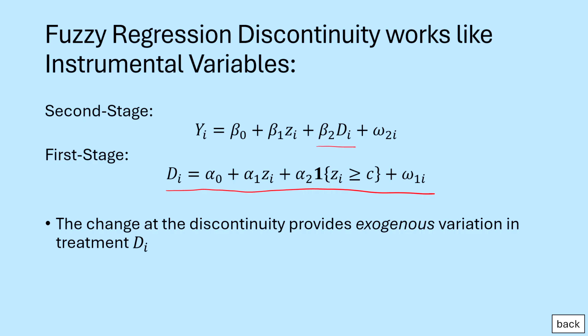Of course, I didn't tell you that you needed to know instrumental variable regression at the beginning of this video, so this is not at all required to understand the fuzzy regression discontinuity method. But if you do have that background in two-stage least squares, hopefully this is helpful to you.